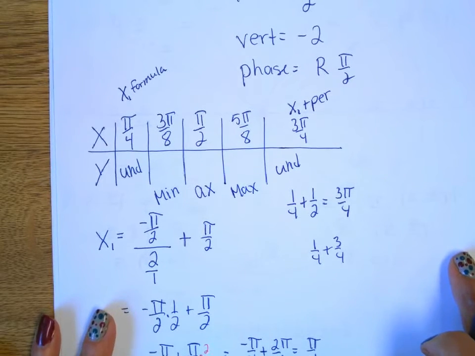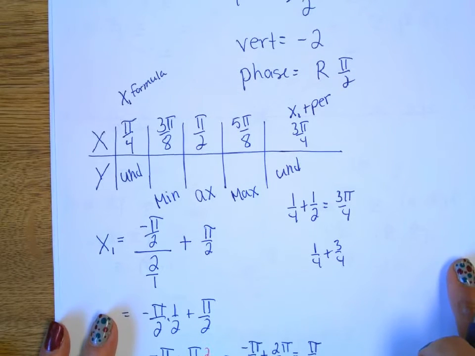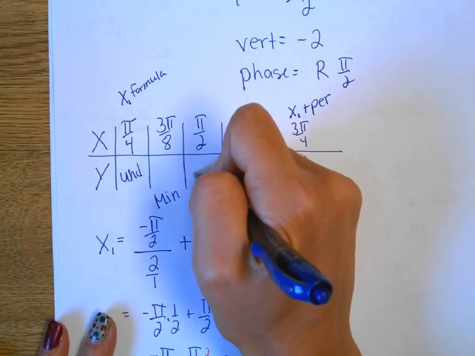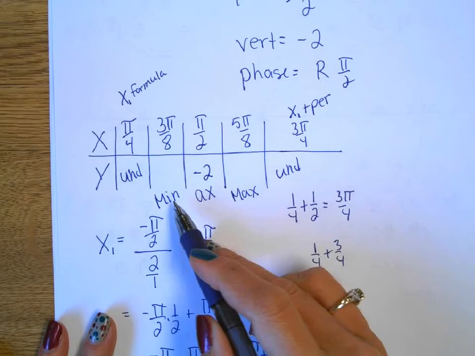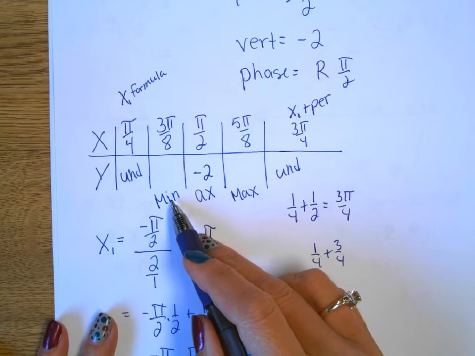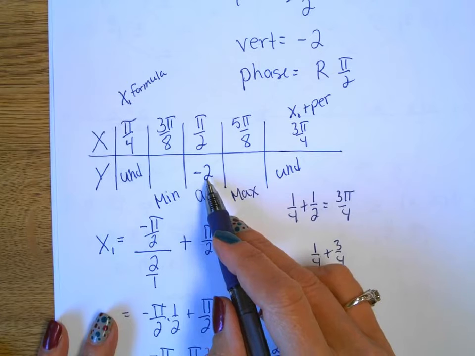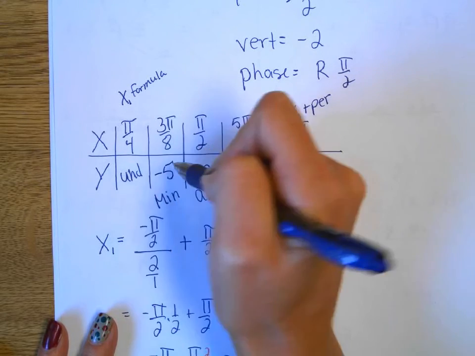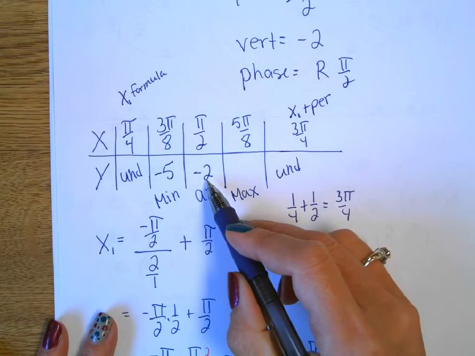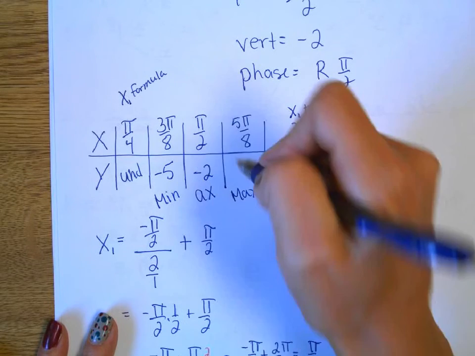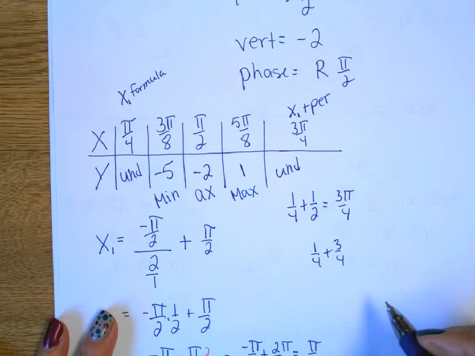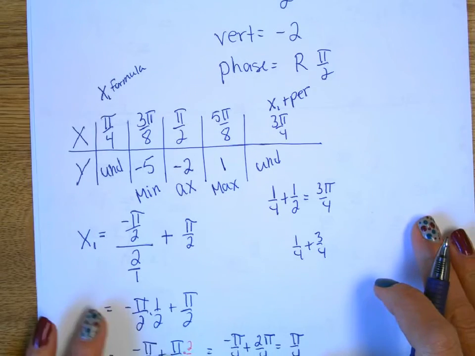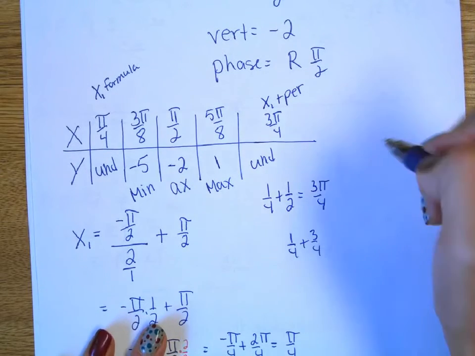I like to start on the axis. Where's my axis at? -2. I want to go down to my min from -2. How many below the axis am I going? 3 below -2 is going to take me where? -5. And then I'm at -2 when I go up 3. All right, and now we just graph.